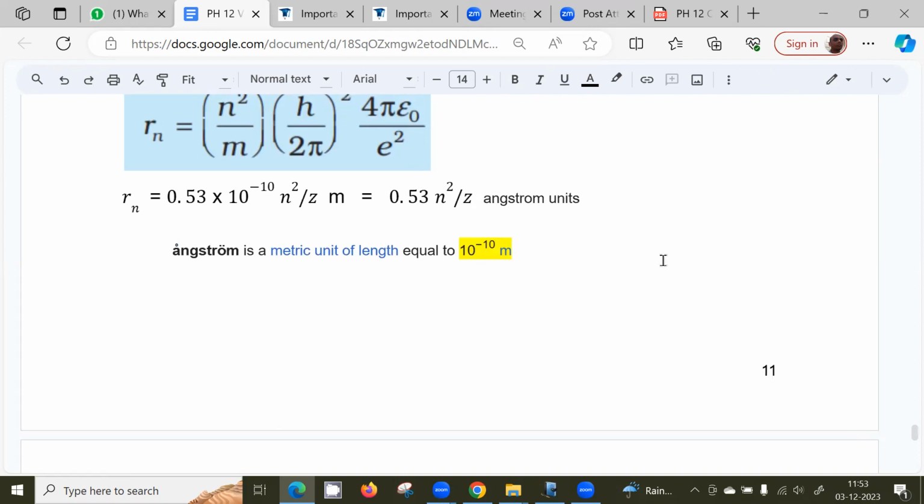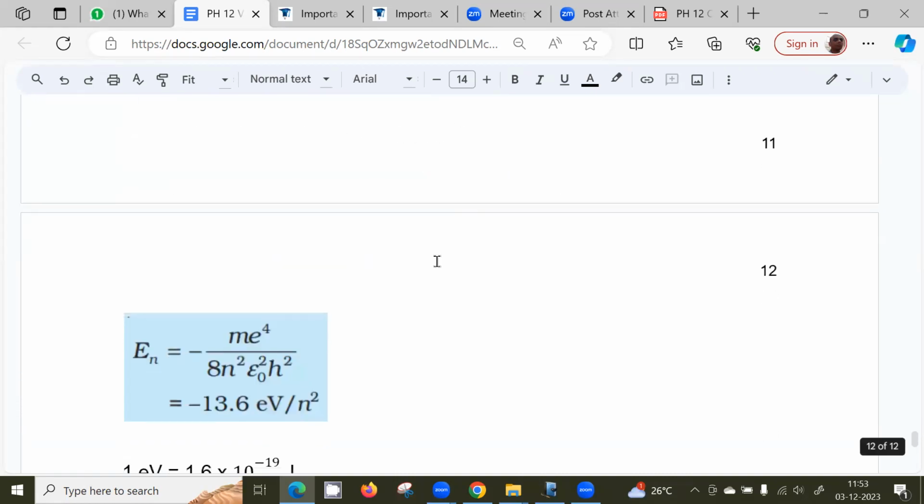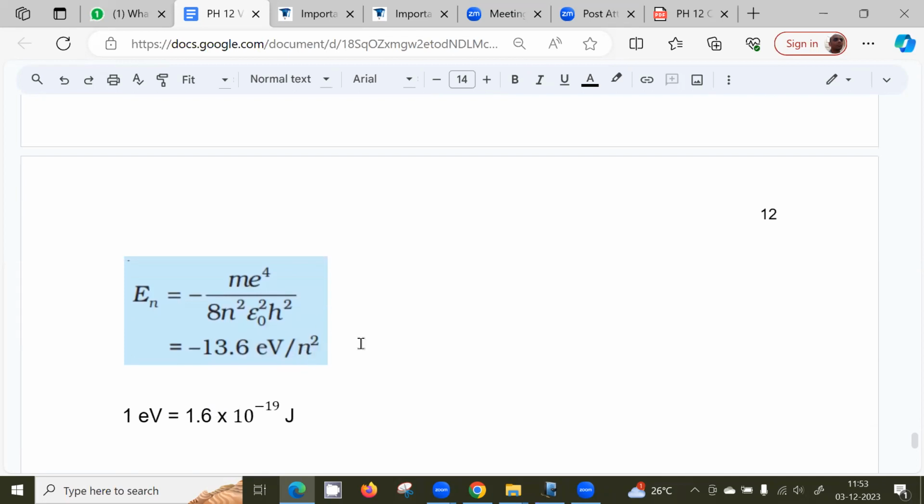And with z, radius will go as 1 by z. If z is increasing, the radius will decrease because the attractive force between the nucleus and the electron will increase. So that will bring the radius closer. Energy will go as z. You can check this one in Google.